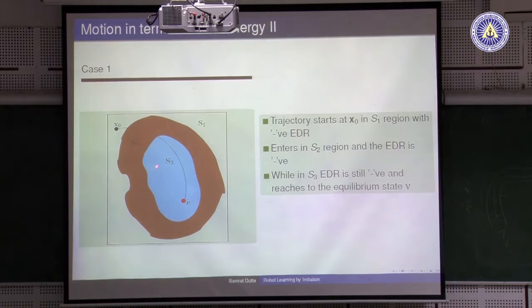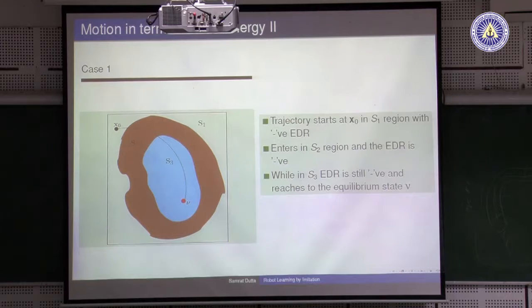All the way along, see, the energy dissipation rate is negative. Why? Because the state never goes beyond or overshoots this equilibrium point, it is always minimizing the distance to the equilibrium point. So, that means the energy dissipation rate is always negative, otherwise it could not have happened, right.